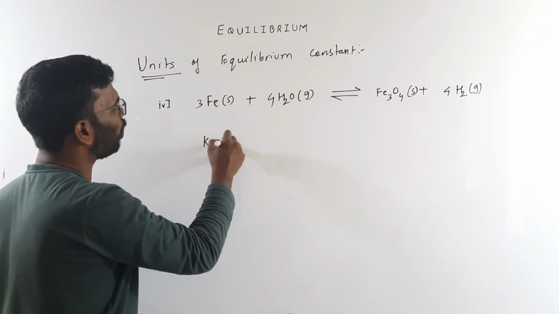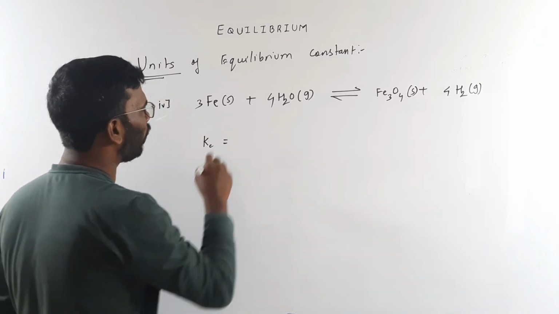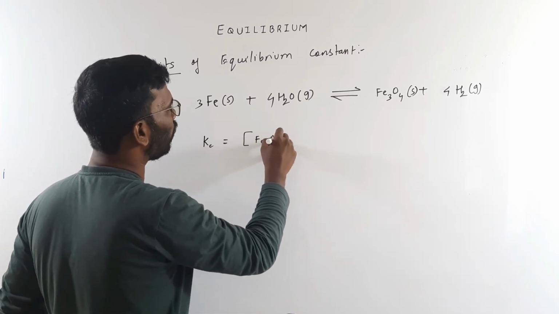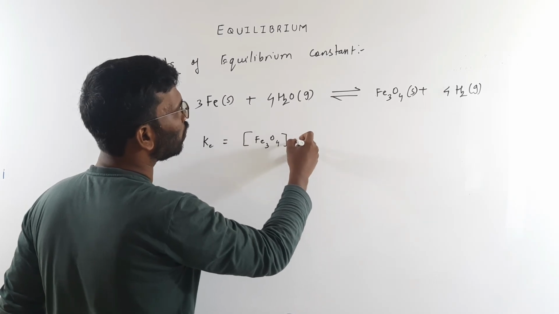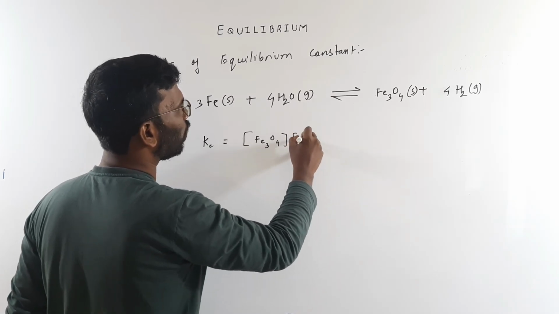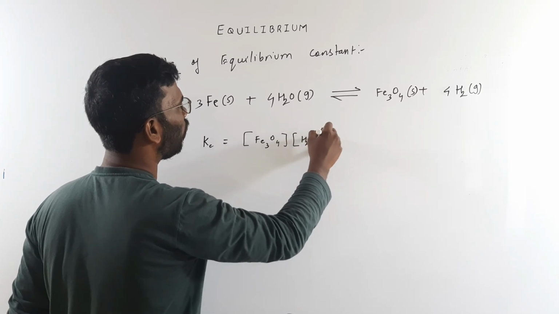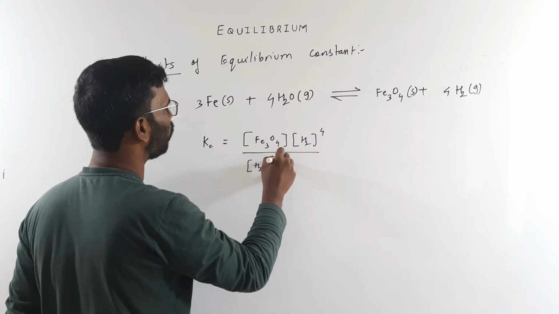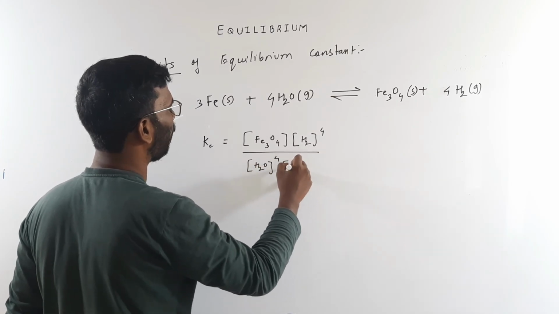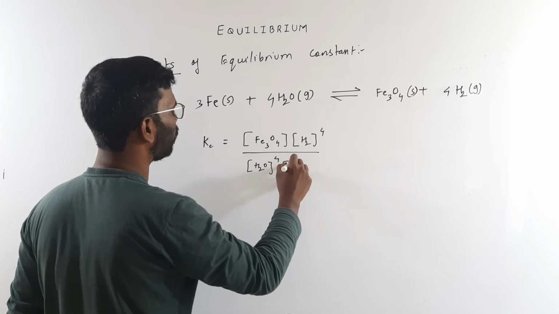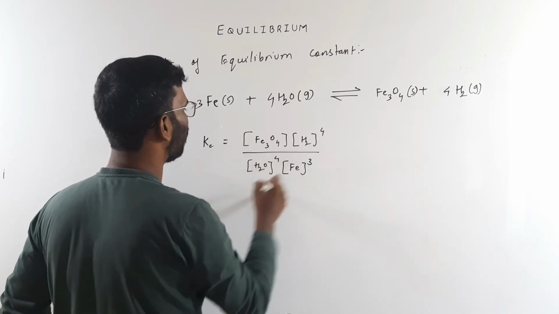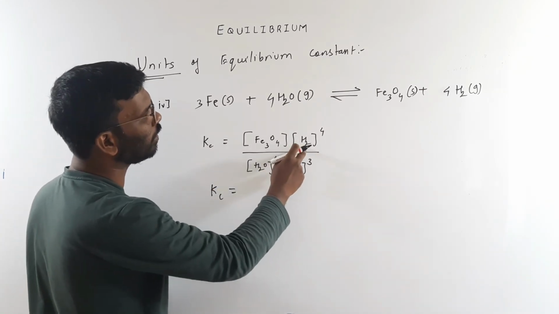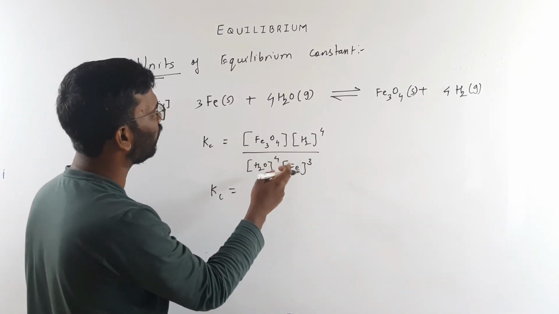If you want to write the equilibrium constant for this, we write it this way: the concentration of Fe3O4, which is solid, times the concentration of H2 raised to power 4, over the concentration of H2O raised to power 4 and the concentration of Fe raised to 3. In this case, H2 and H2O are in the gaseous phase, and Fe3O4 and Fe are solids.